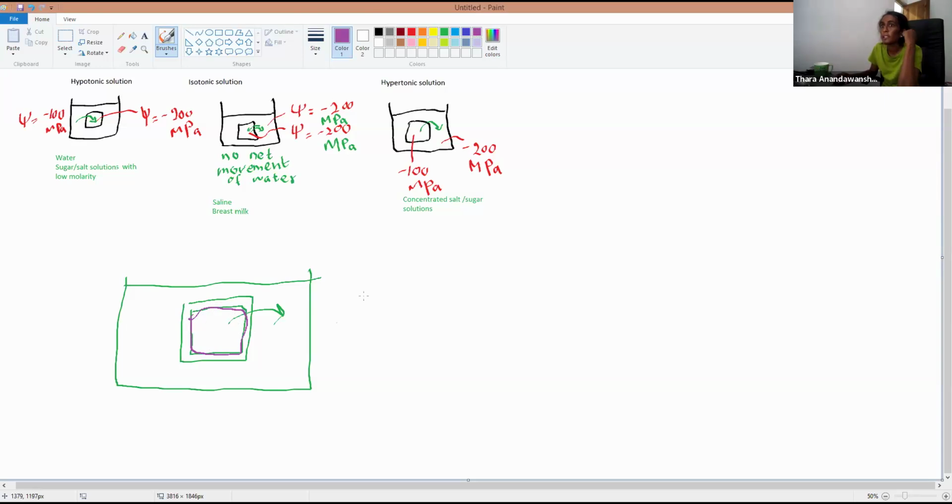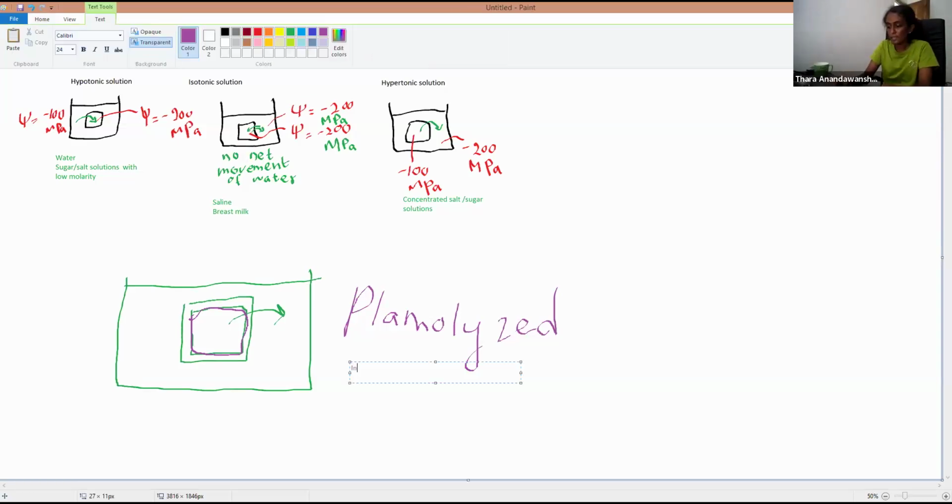Just detached, meaning that the cell is plasmolyzed. New term that you will be learning, okay? Plasmolyzed. Cell is plasmolyzed, and this is the starting point to become plasmolyzed, so we call it incipient plasmolysis.